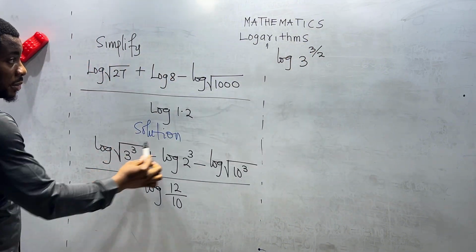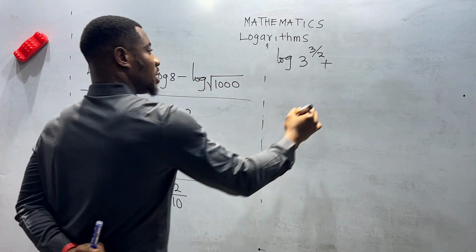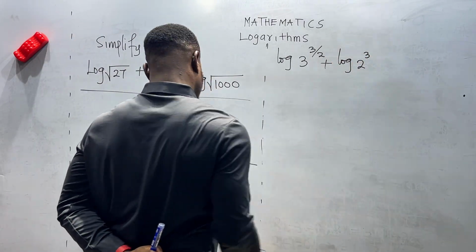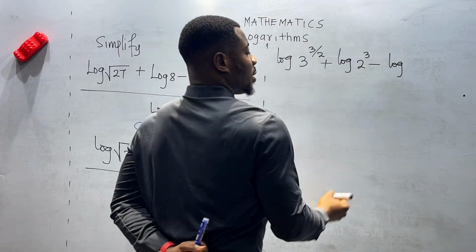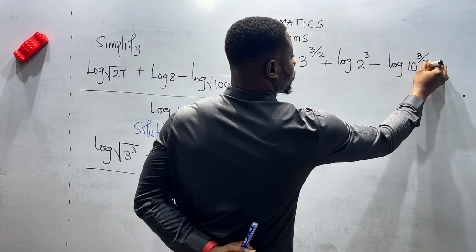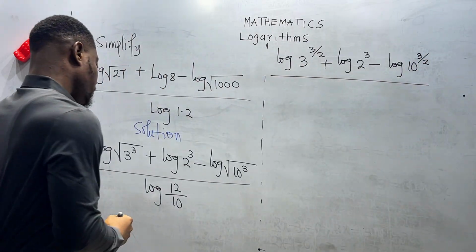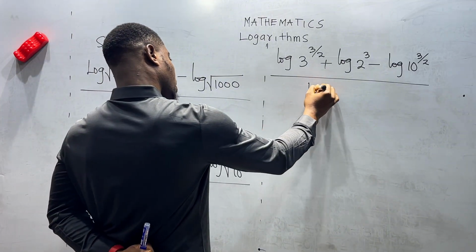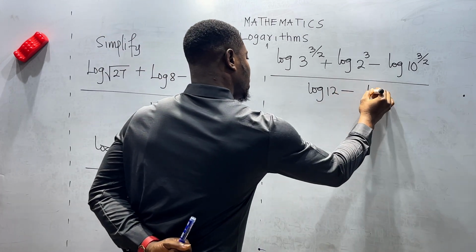So this can be written like that. Then also, this is the same thing as saying log 2 to the power of 3. And this one, we can still write like this, 10 to the power of 3 over 2, divided by. Now, we could spread this to be log 12 minus log 10.